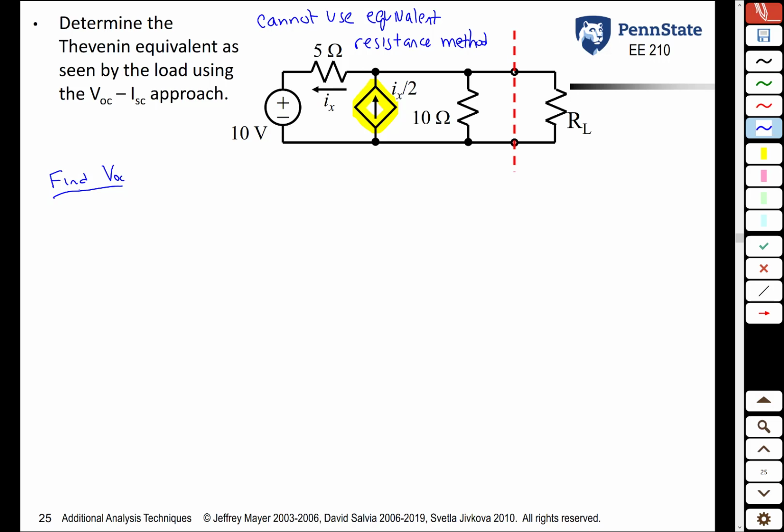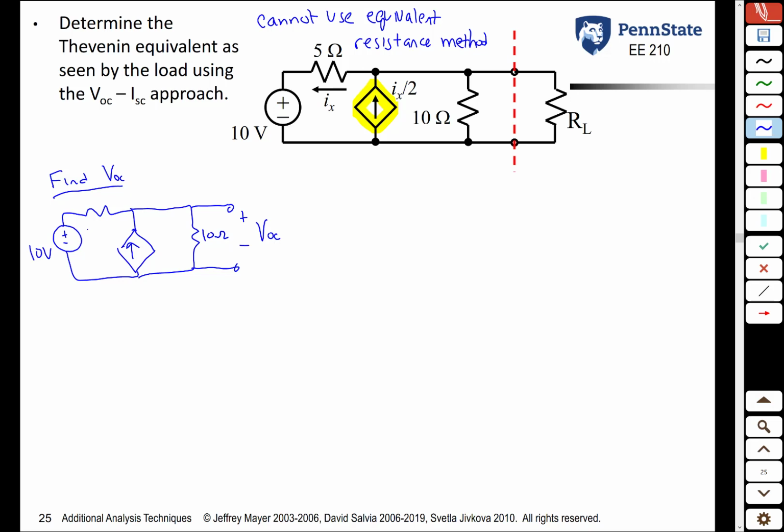VOC you always have to find. So you look at the circuit here, and we measure the voltage at the terminals with nothing attached. And that voltage is VOC.